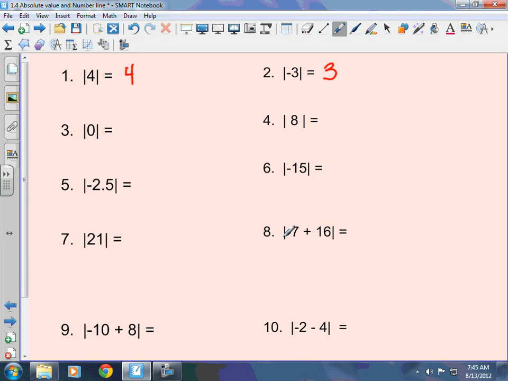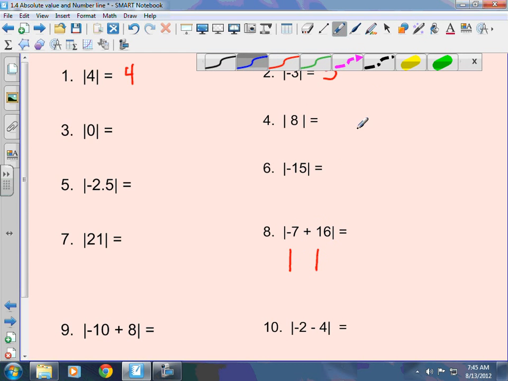Now let's look at number 8. You have to simplify inside the absolute value first, and then you take it out. So -7 plus 16. This stays inside the absolute value bars. Now, do these numbers have the same sign or different signs?